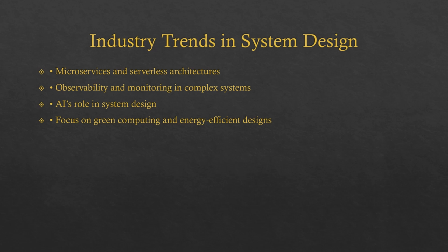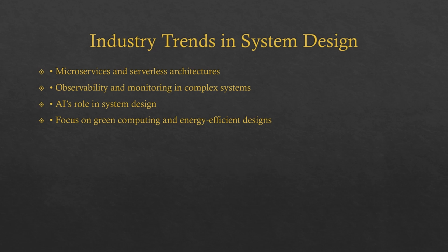In the ever evolving tech landscape, staying updated on the industry trends is vital. Microservices and serverless architectures continue to be popular, offering flexibility and scalability. Observability and monitoring have become essential in managing complex systems, ensuring reliability and uptime.